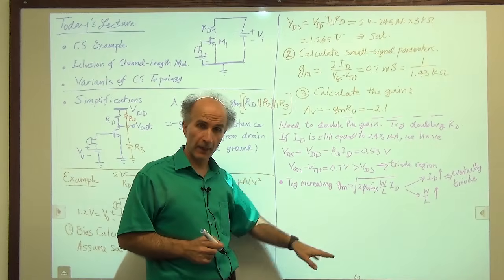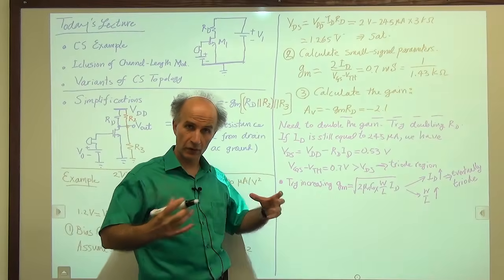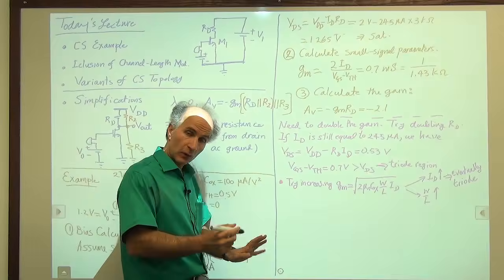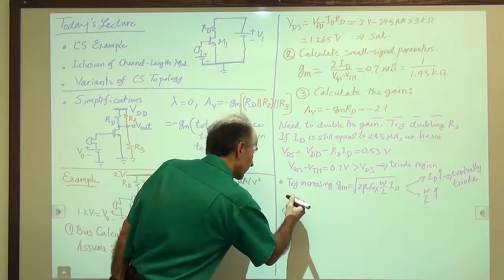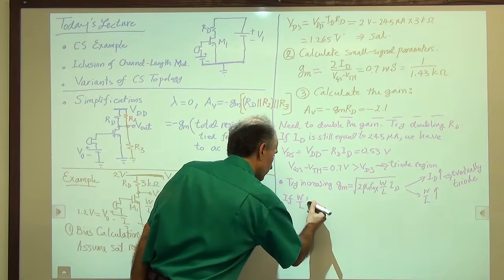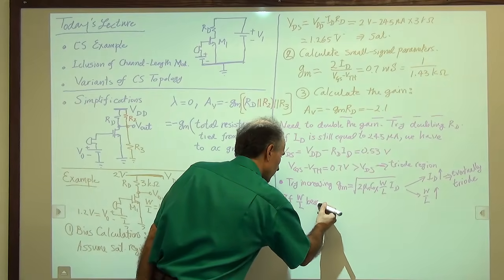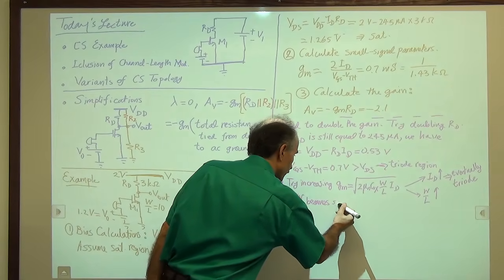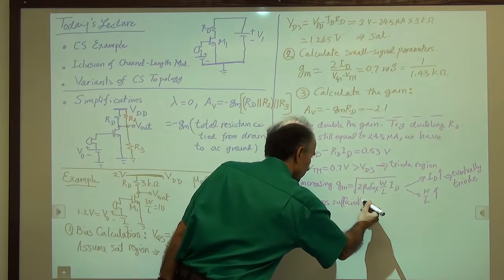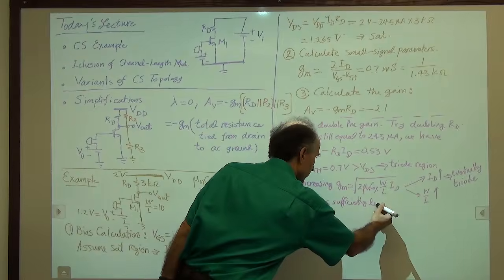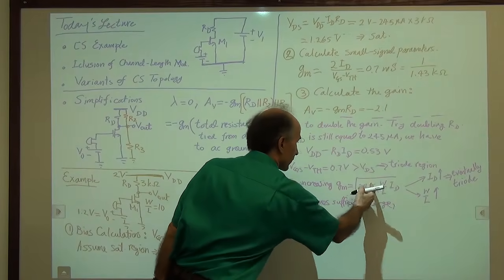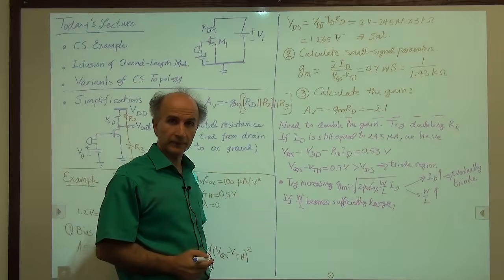bound on this GM as we make W over L larger and larger. We did not cover this in this course, but just for your curiosity, if W over L becomes sufficiently large, this equation is no longer valid.